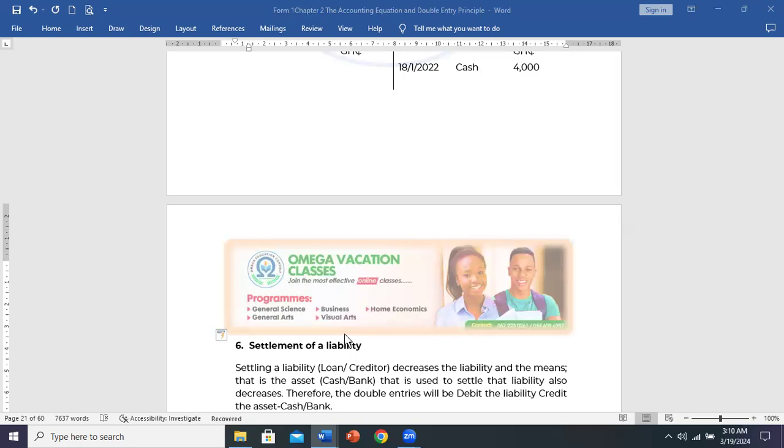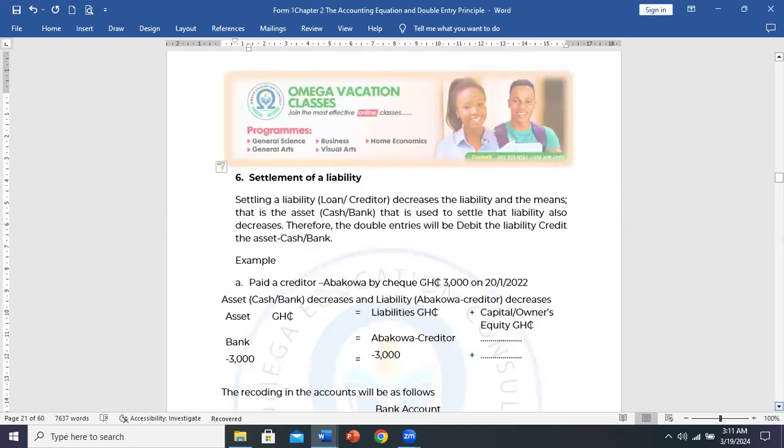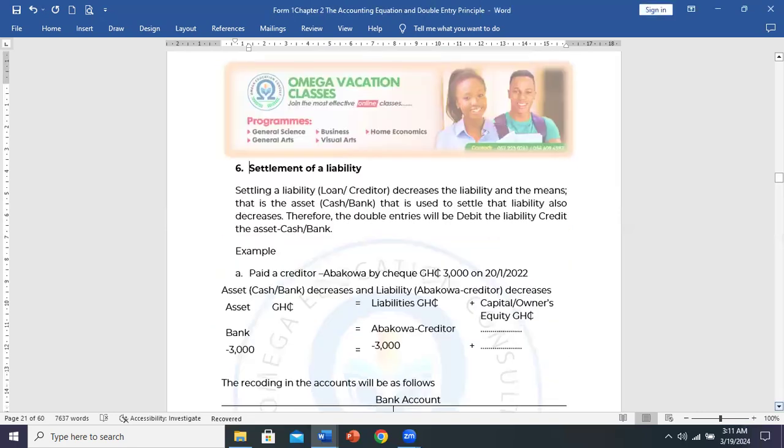And again, how much she owes Richmond is also going to decrease. So anytime there's settlement of a liability, an asset will decrease and liability will also decrease. The asset that will decrease is the cash or bank. When an asset is decreasing, we credit. And if a liability is also decreasing, we debit.